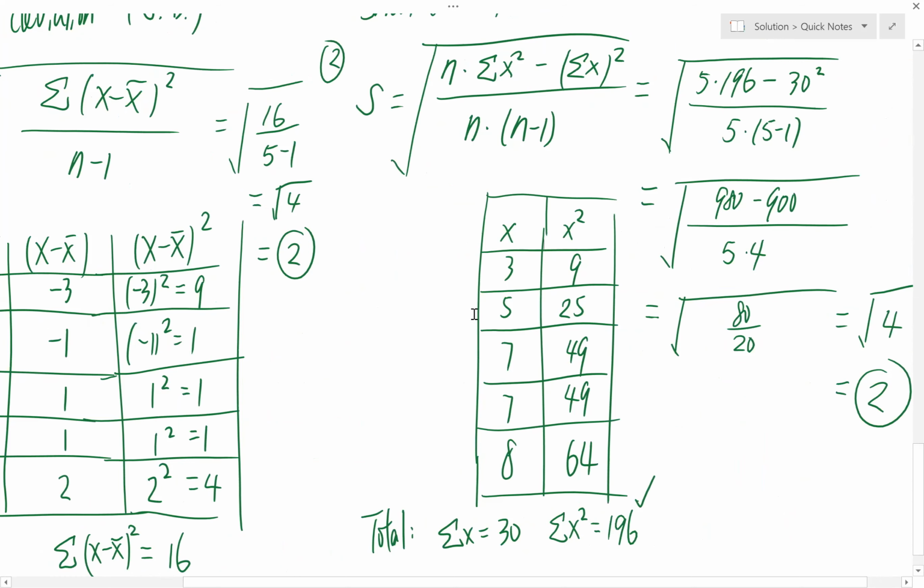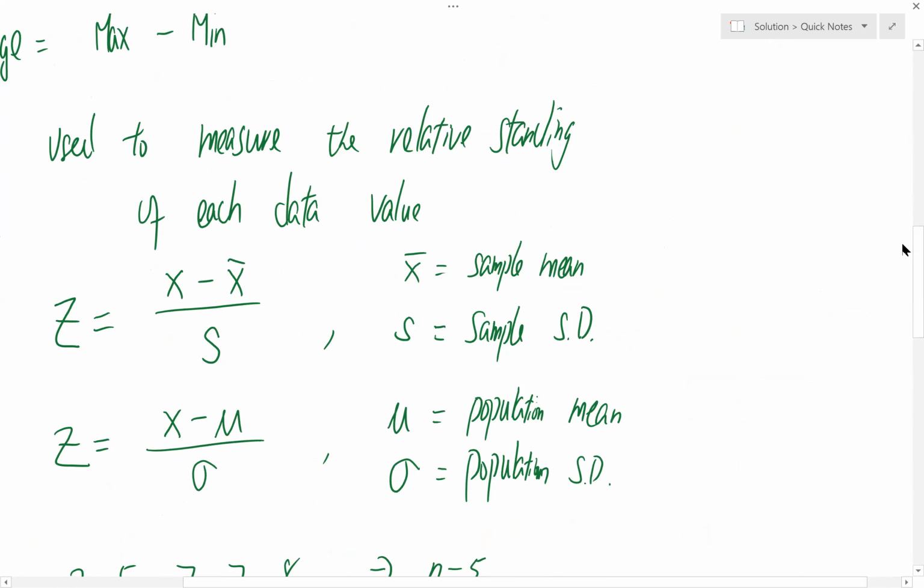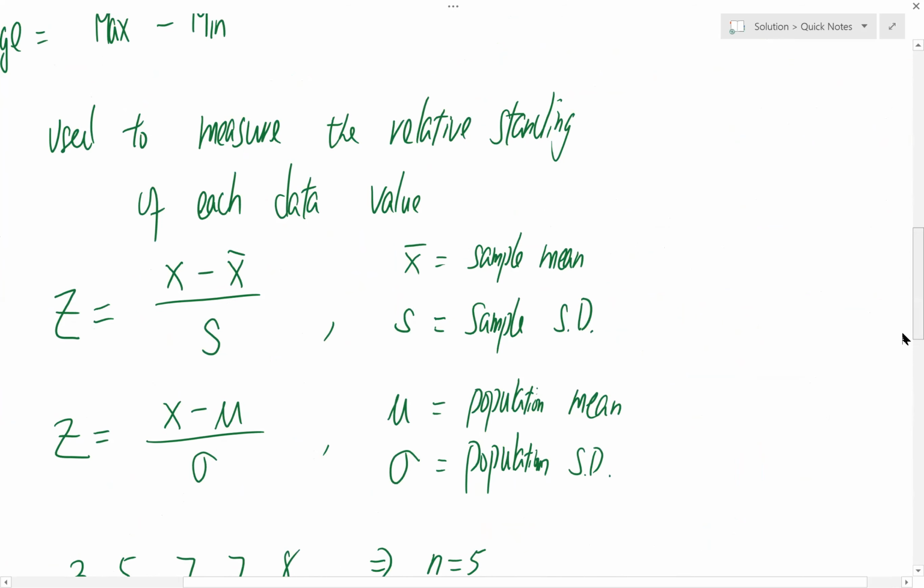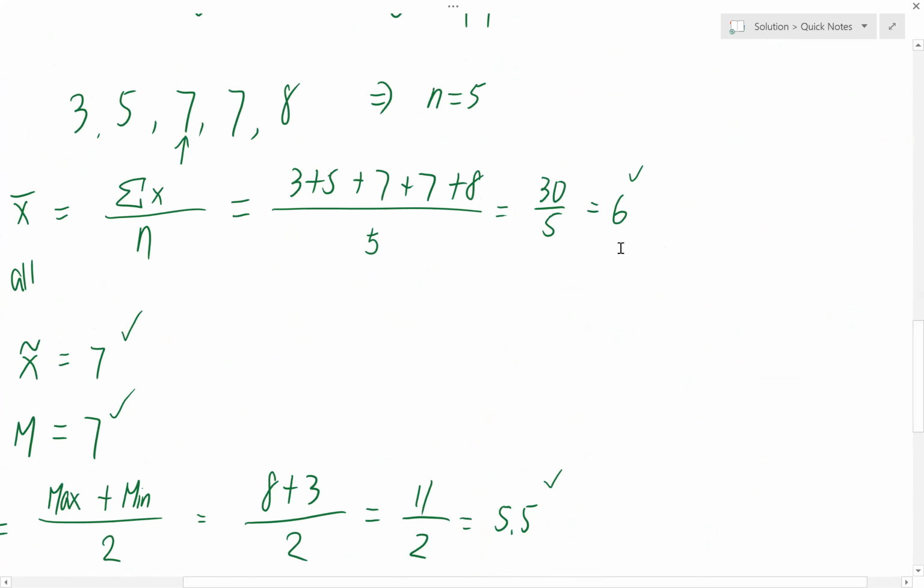The only thing is, most of the time the sample mean may not be a nice round number, may not be exactly 6. Most of the time, when you have a data set, your sample mean is probably something else, maybe a decimal number with infinitely many decimal places.